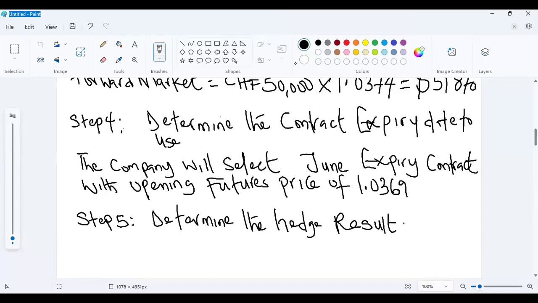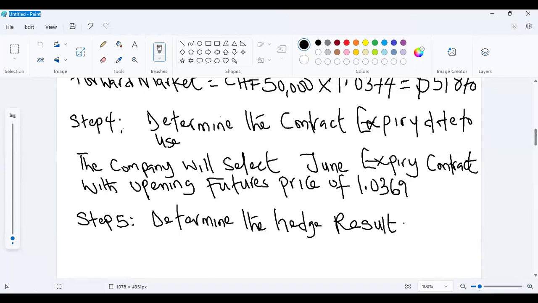Like the question we are solving now, there's no closing futures price. In this case, you are going to estimate your closing futures price.